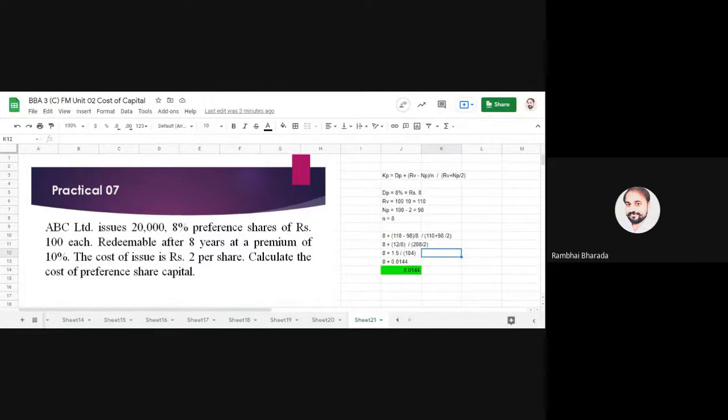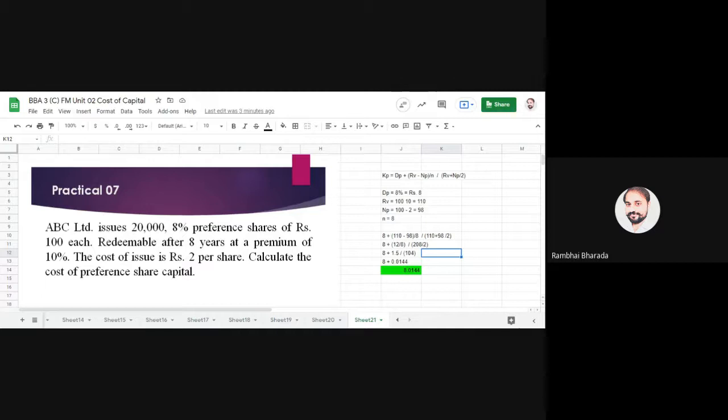Okay, how to work it? DP, how many? 8 plus RB 110 minus 98 upon 8, here 110 plus 98 upon 2. So 8 plus.